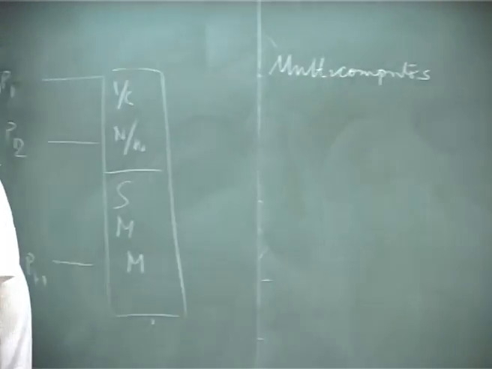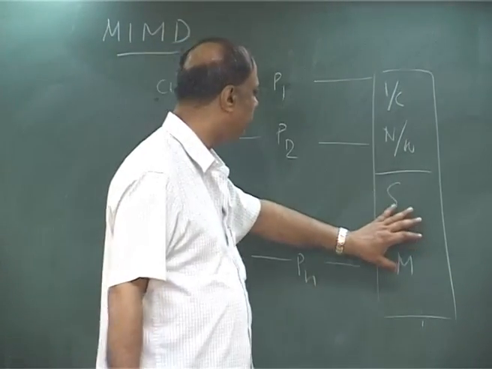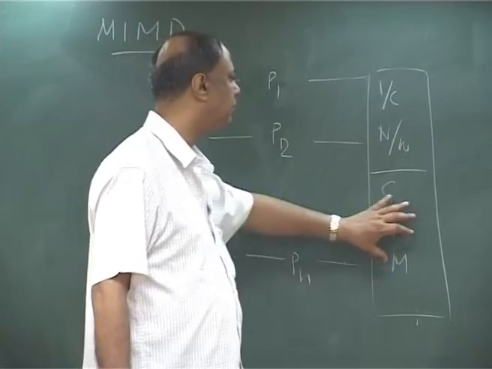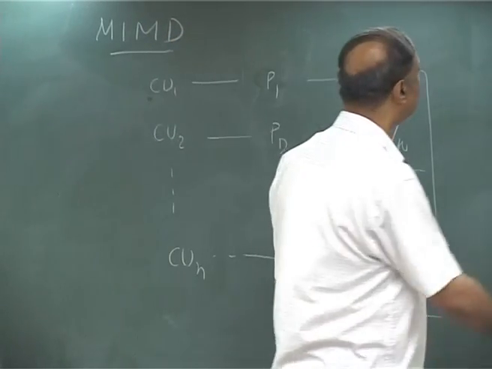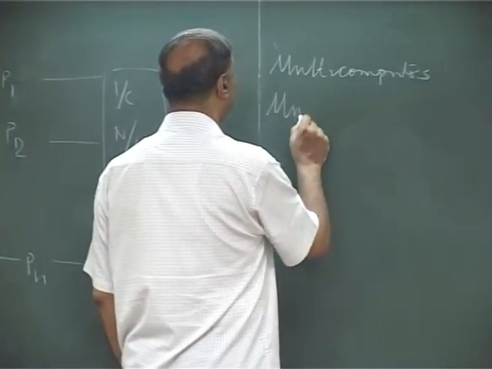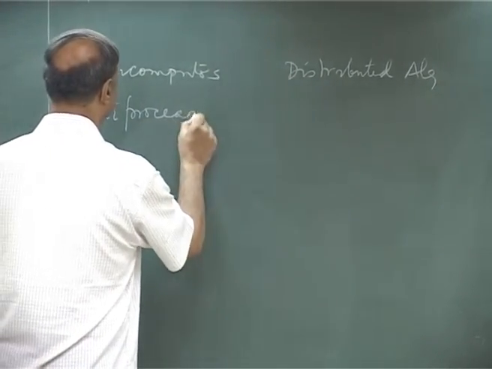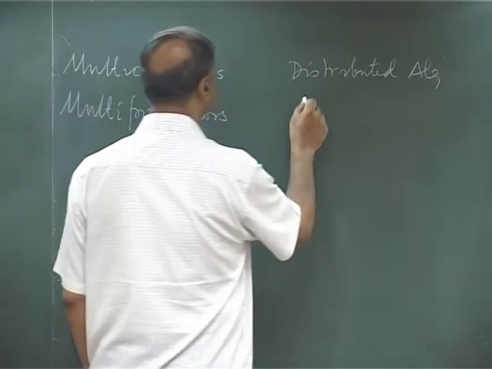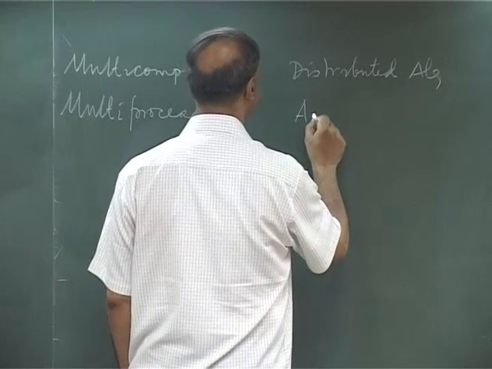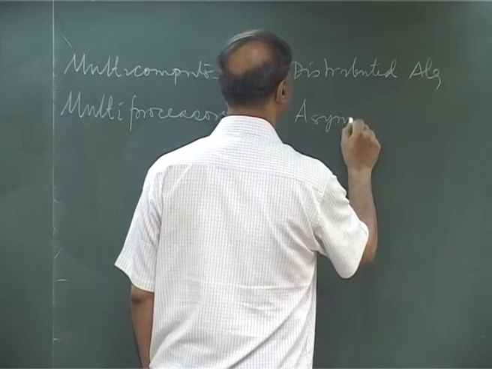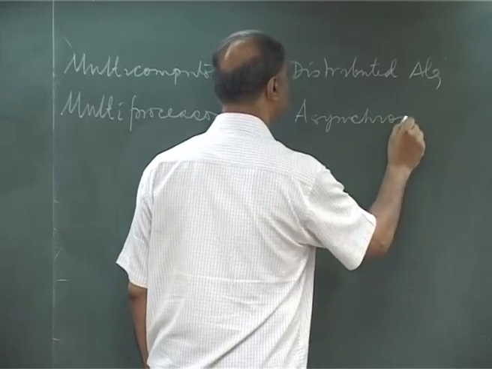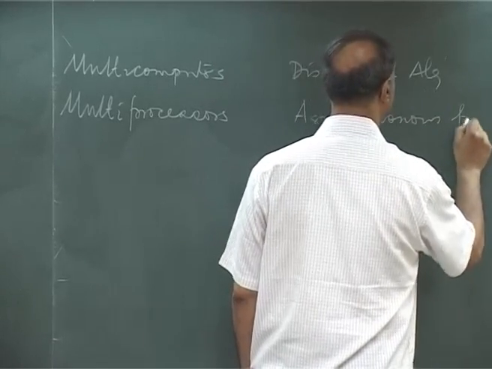Now there is another type, where the processors can communicate among themselves through shared memory, and in that case the model name is multi-processors, and the algorithm is known as asynchronous parallel algorithm.